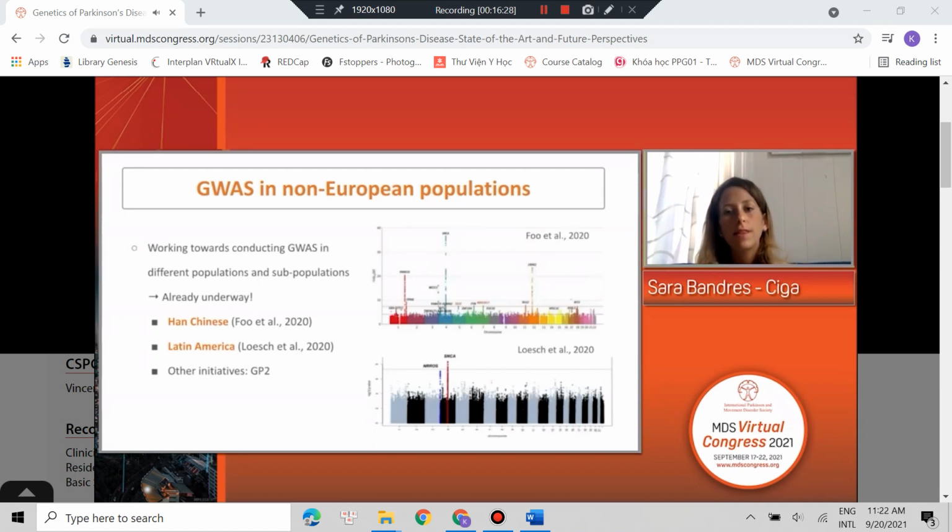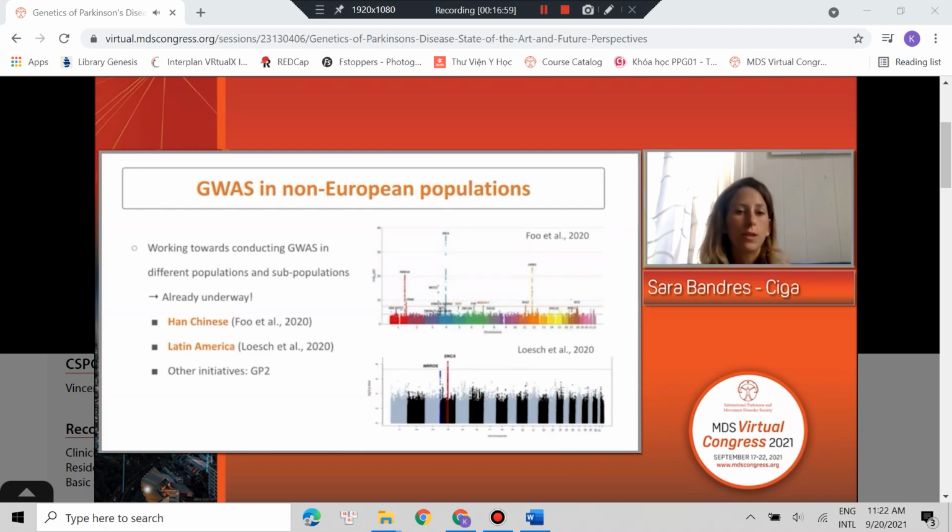And so one of the things that we have to correct, and thankfully it is already happening, is that nearly all the GWAS studies conducted so far have been done in Europeans. And obviously that's not satisfactory, right? And this clearly has to be a major goal for the future. And this is something that you will hear in the next presentation: the Global Parkinson's Disease Genetics Program, also called GP2, is going to be key to achieve it.